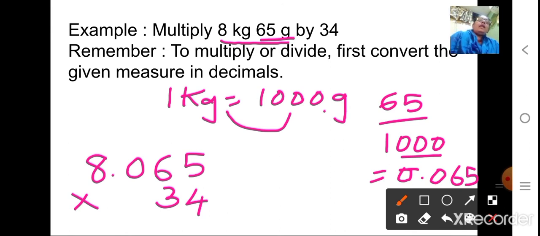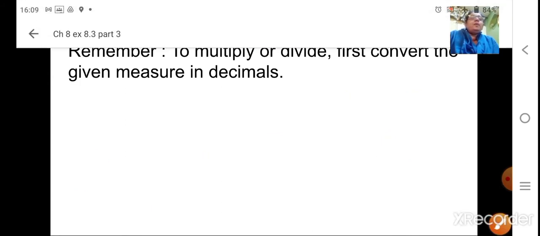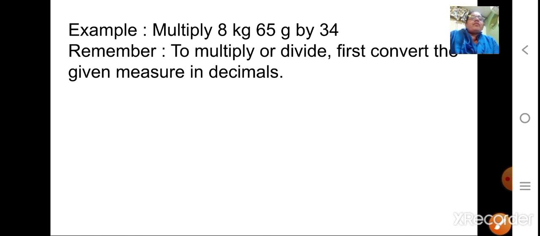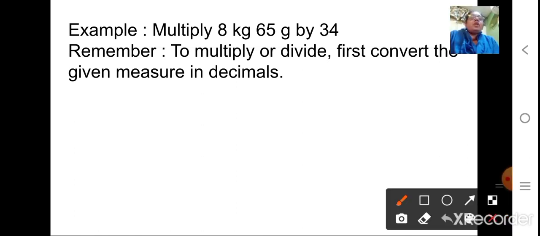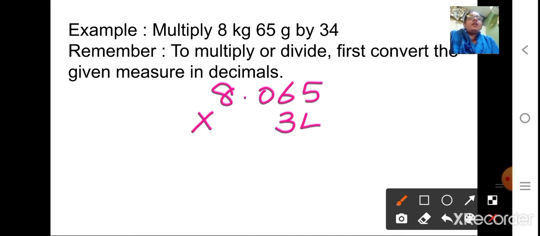Now carry out the multiplication like any other multiplication. I'll just show you. You have already converted this into 8.065. Now you just multiply it by 34.